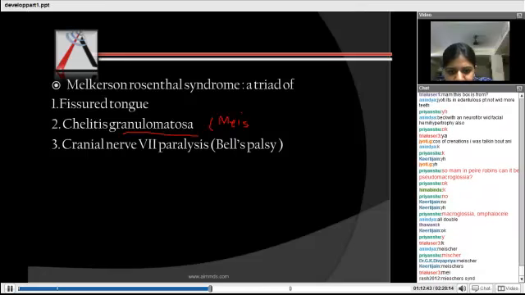Miescher's syndrome. And it's associated with Bell's palsy, that is the 7th nerve paralysis.